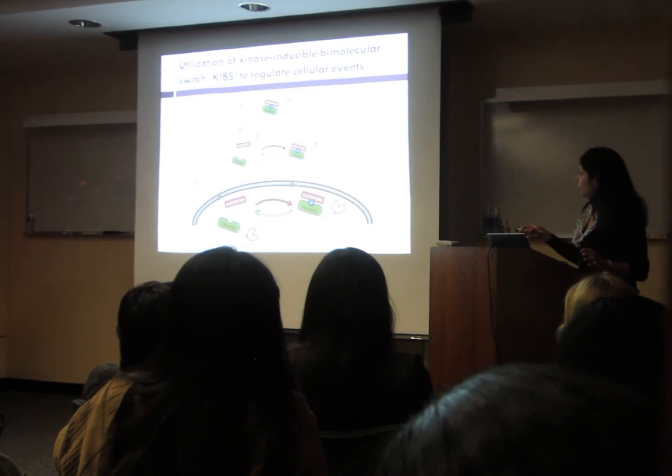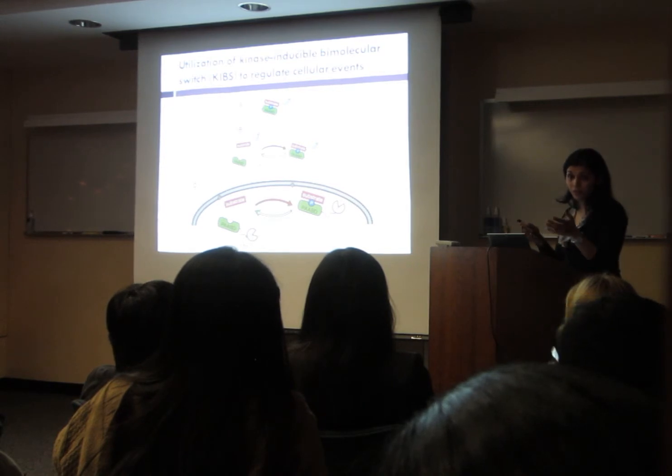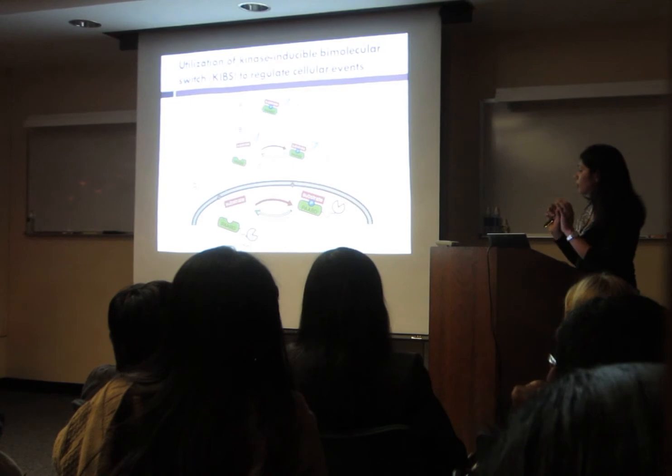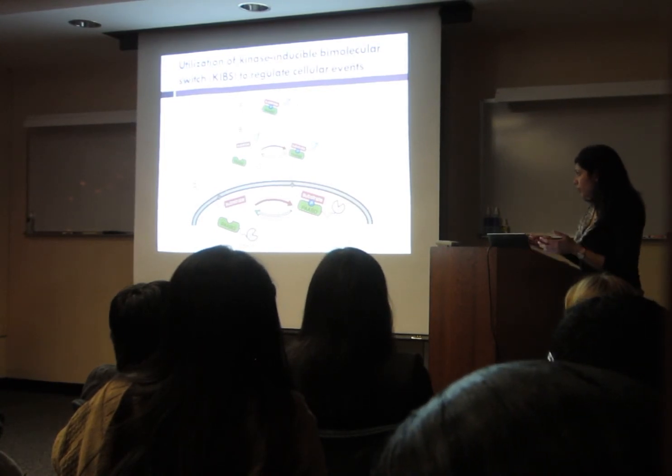So this now becomes analogous to the rapamycin system I introduced in the previous slide. And then we wanted to use this switch to regulate cellular events as a functional output.